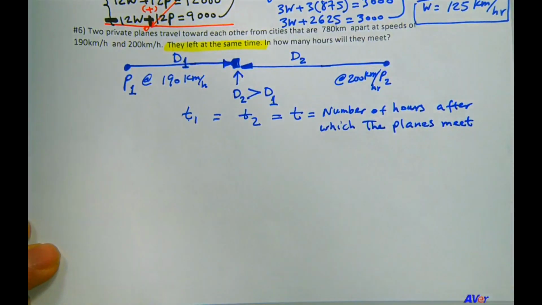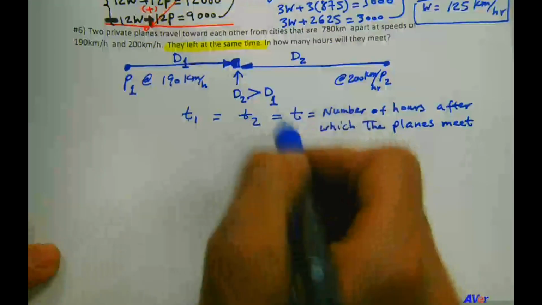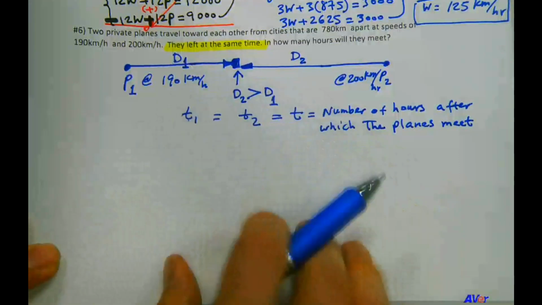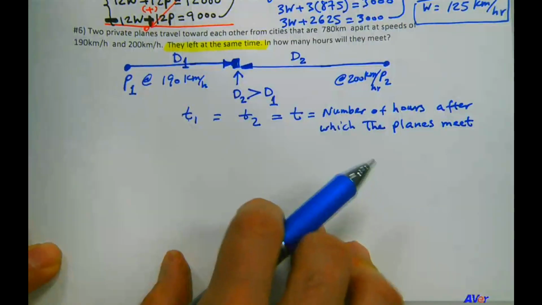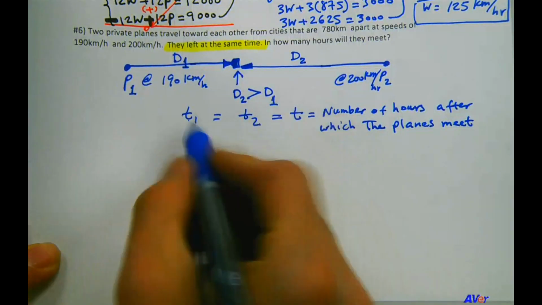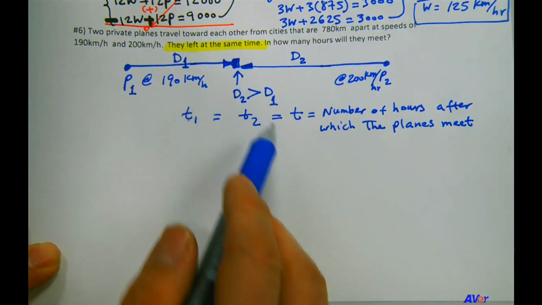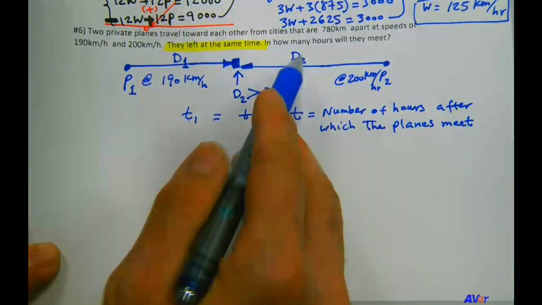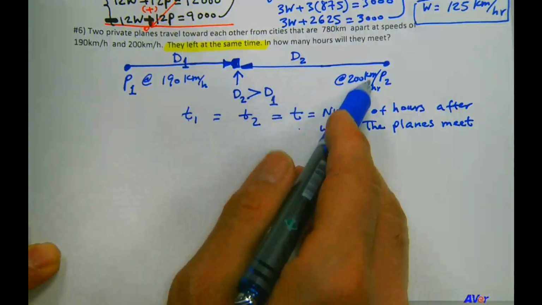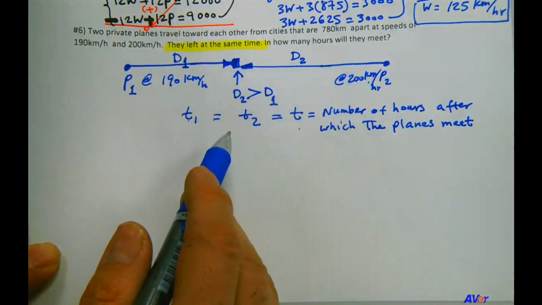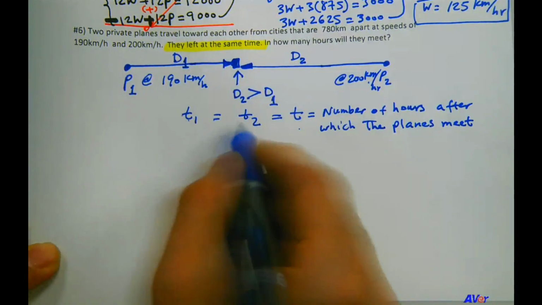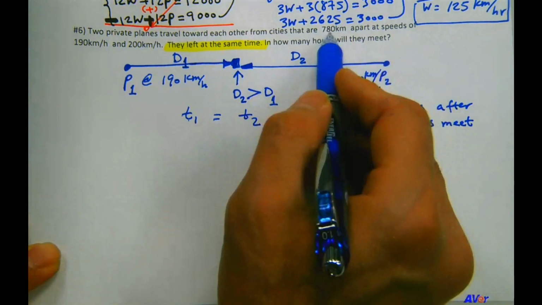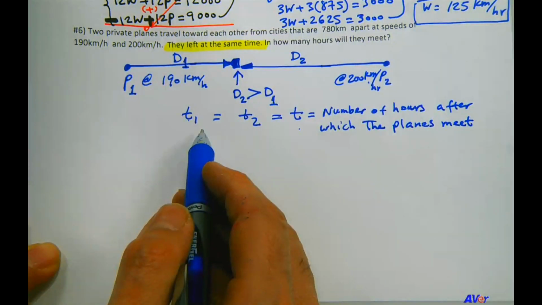Okay? All right, so if the time of flight for both planes is the same, what relationship exists between the time, speed, and the distance traveled? Well, we can say that the whole distance is 780 kilometers.